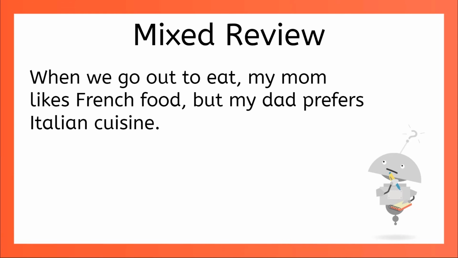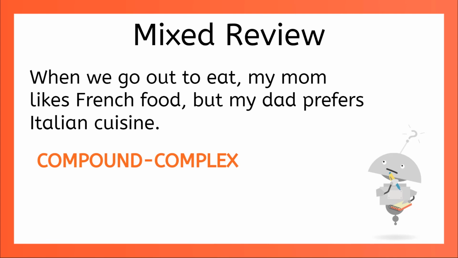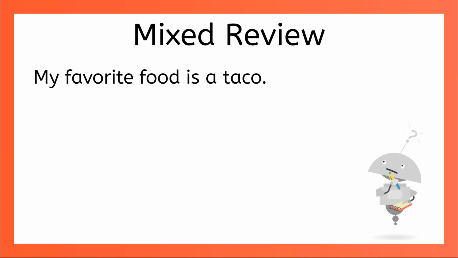How about, when we go out to eat, my mom likes French food, but my dad prefers Italian cuisine. Yep, that is a compound complex sentence with two independent clauses and one dependent clause. Okay, last one. My favorite food is a taco. You got it. Simple sentence.